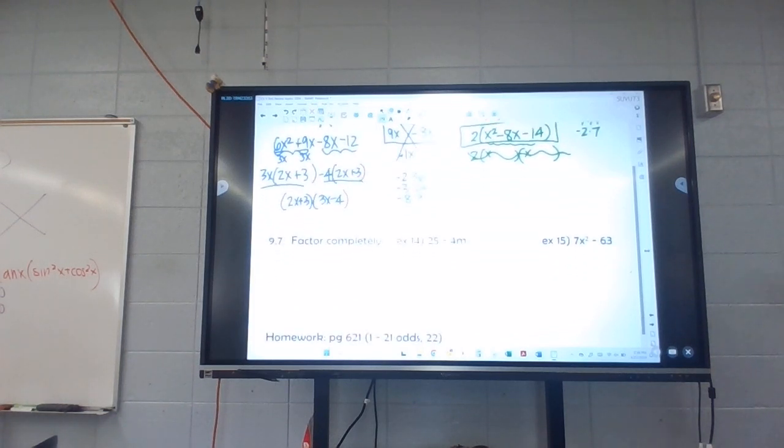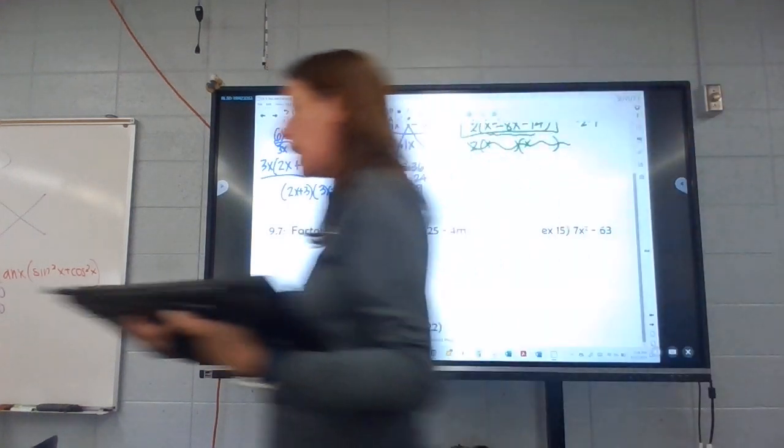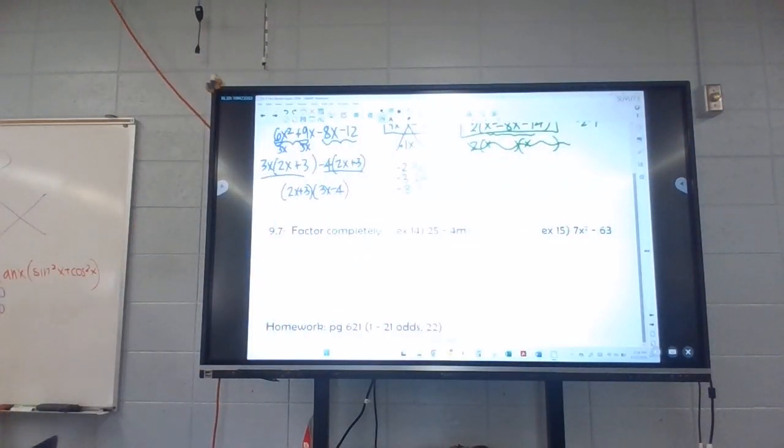All right, let's finish up with these last two. Stick with me here. I'm going to give you guys a big chunk of time to get working on homework. These last two are these perfect squares. So it's two terms. And so again, on our chart, it's going to be that first column. So two sets of parentheses.